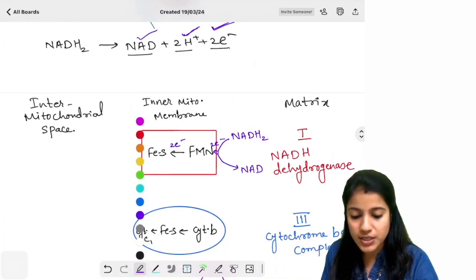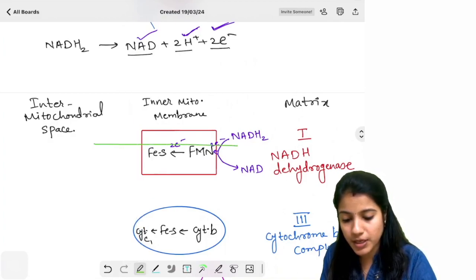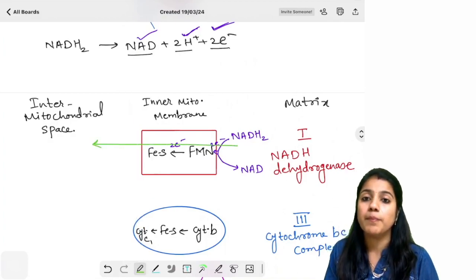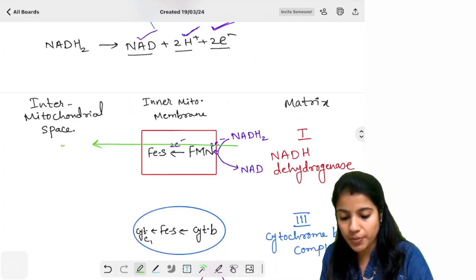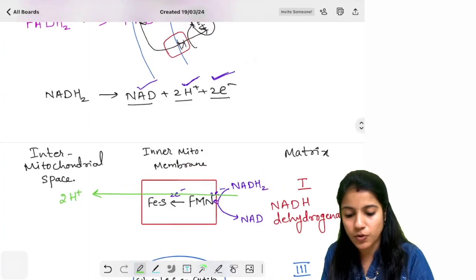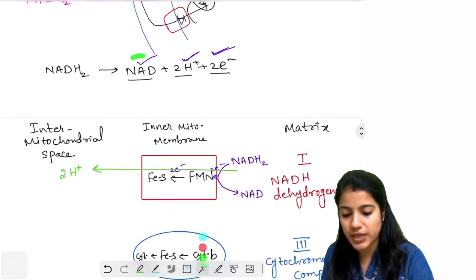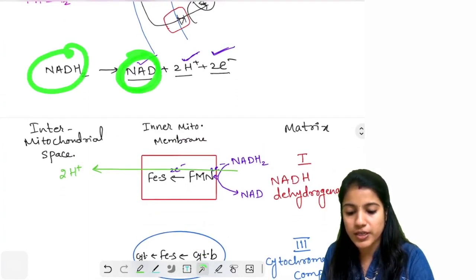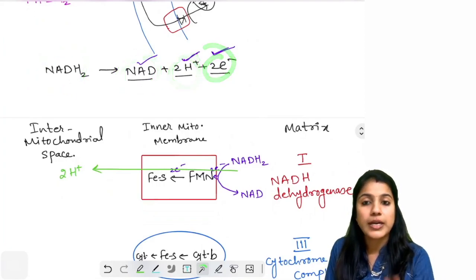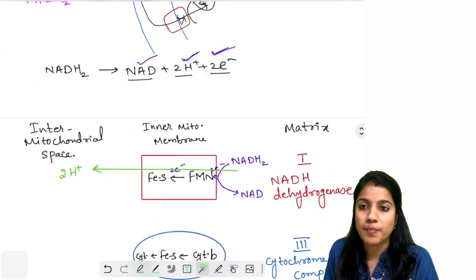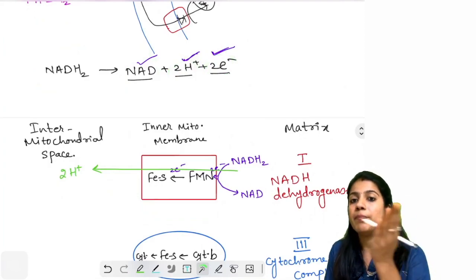During this process, these 2 protons will be pumped into the mitochondrial or intermembranous space. How many protons? 2 protons, because we know that from this NADH2 we got NAD, 2 electrons and 2 protons. So 2 electrons transported through the complex, and 2 protons will be pumped.